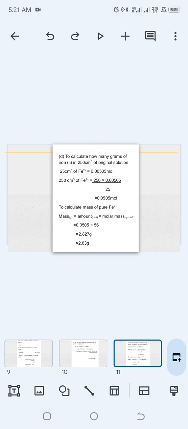Now, in 250 cm³ of Fe, it will be 10 multiplied by 0.00505 divided by 25.